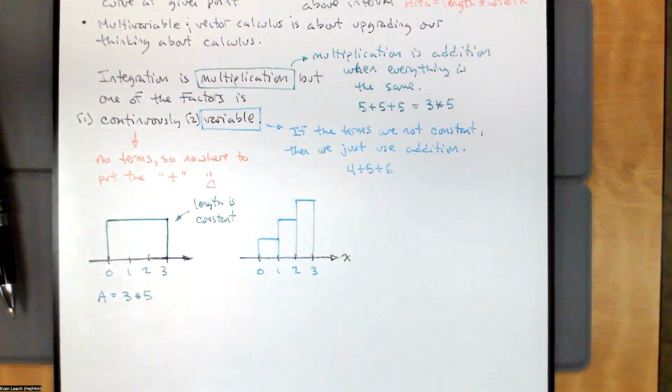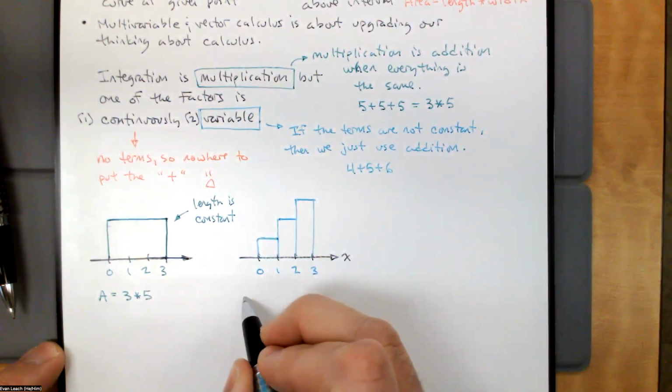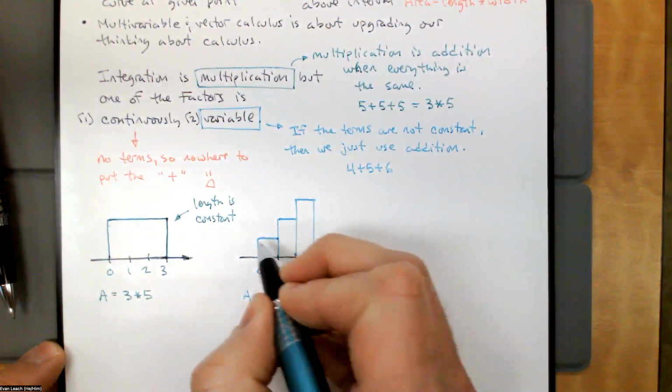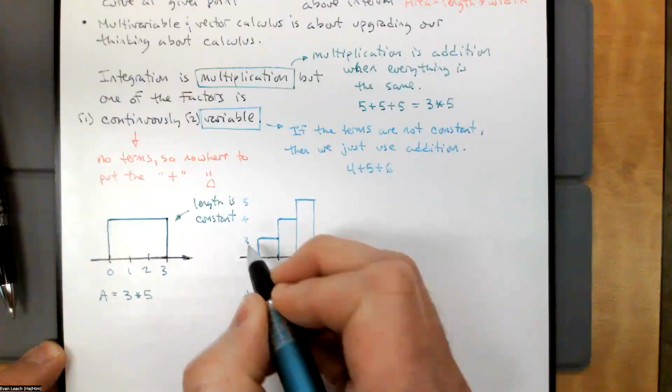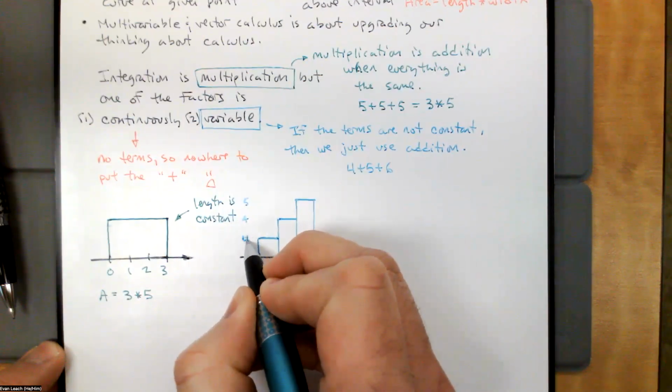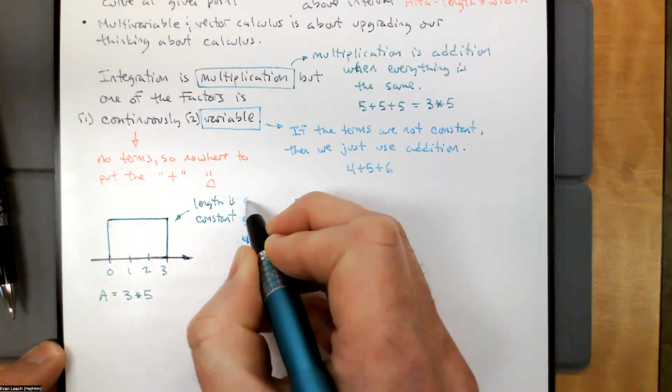Here, our length is variable, but constant in chunks, right? So I can calculate the area with a 3, and this is a 4, and this is a 5, because oh wait, no, it's 4, a 5, and a 6.